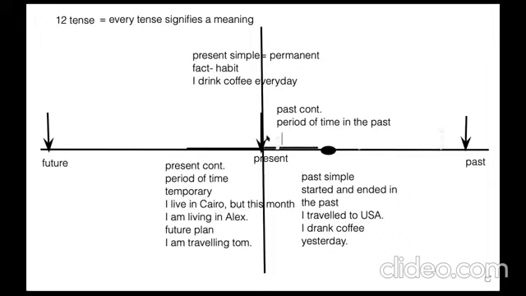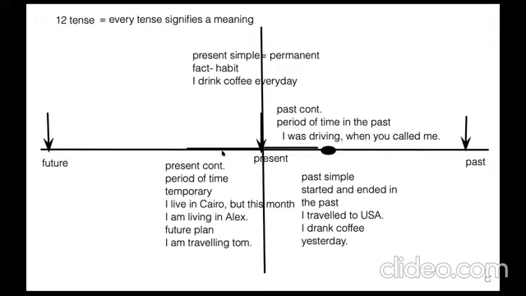Like, for example, when you say, I was driving when you called me. So I was driving, this means that this action was taking time in the past. And the other action, the cut, is in the past simple, when you called me, all right?